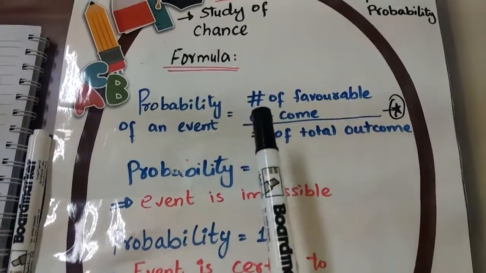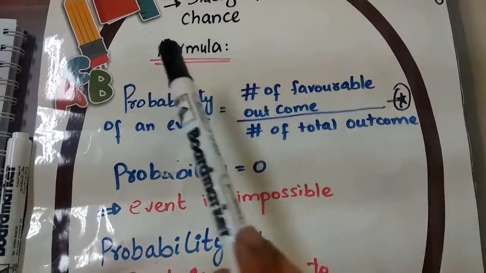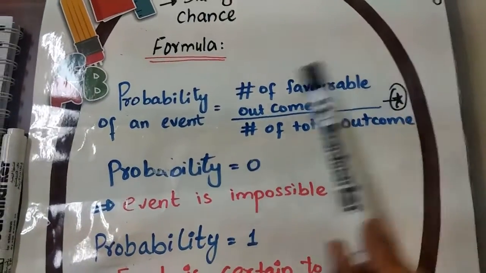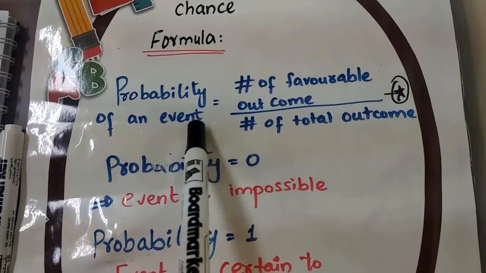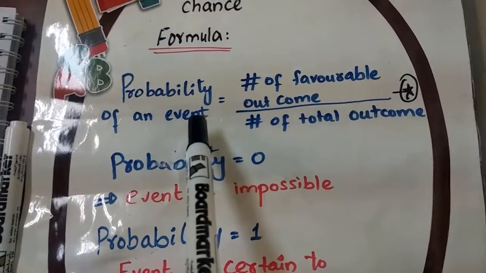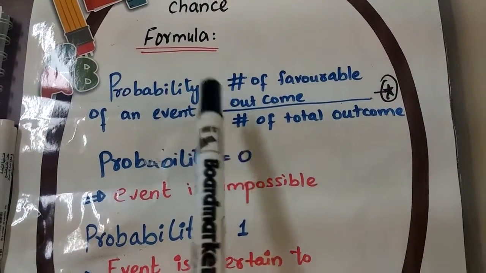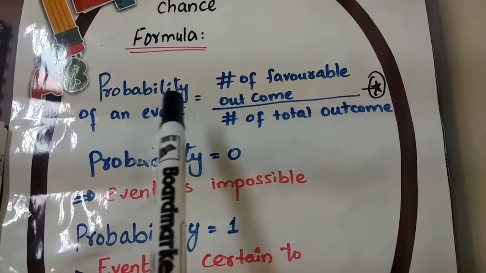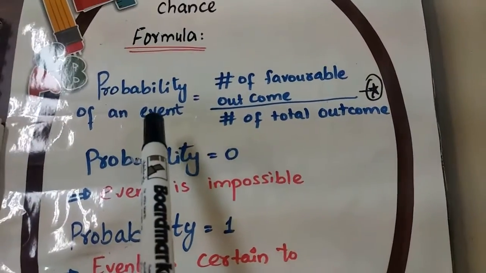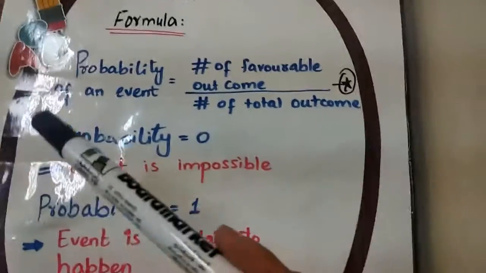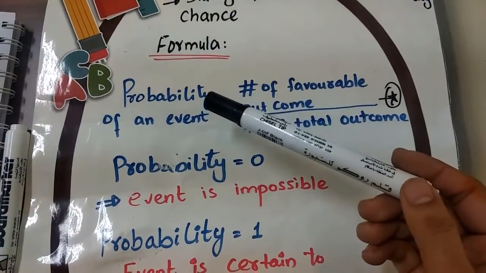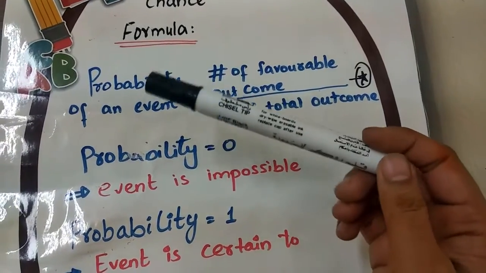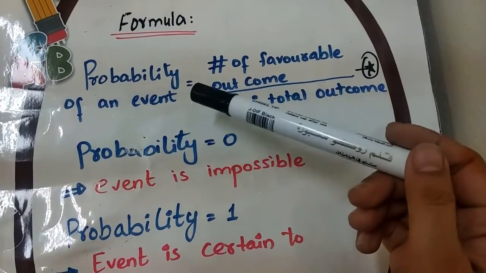Now first we have to look over the formula which we are going to discuss in this topic, probability of an event. What is an event? An event is like tossing a coin, rolling a dice, or selecting one card from a deck. You know about the deck we play with, it's a game. And you must also be aware of the dice.